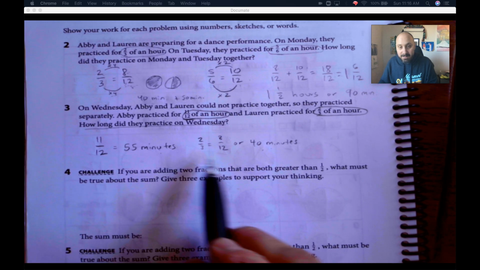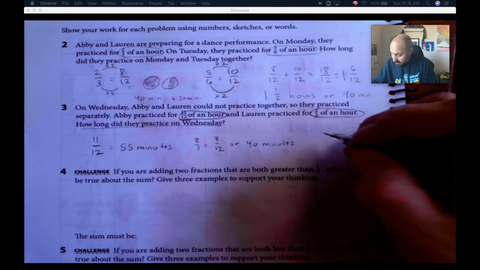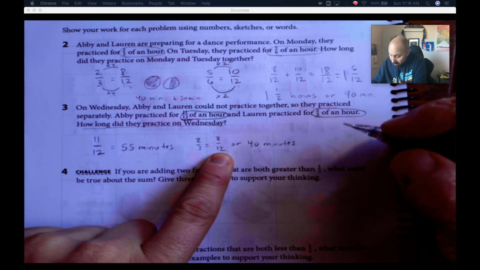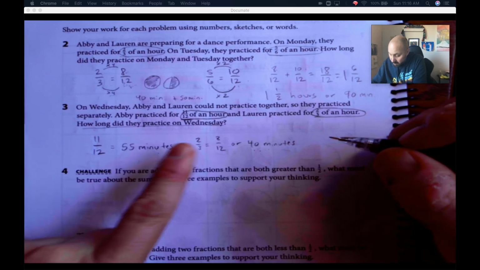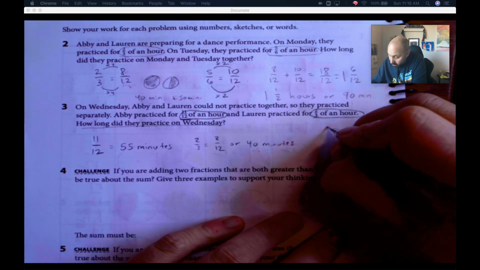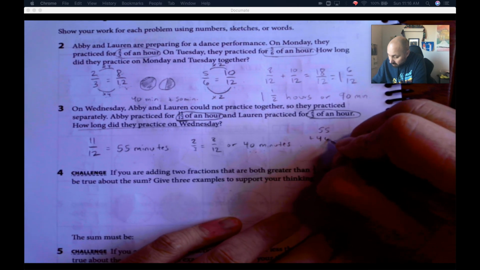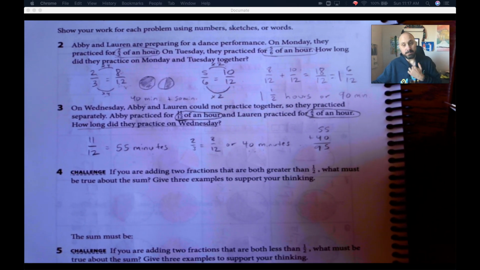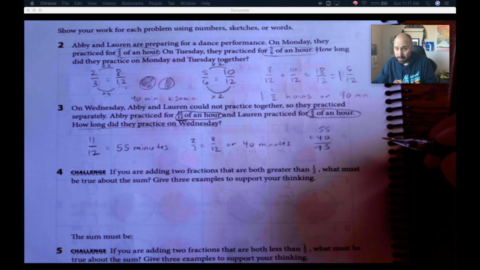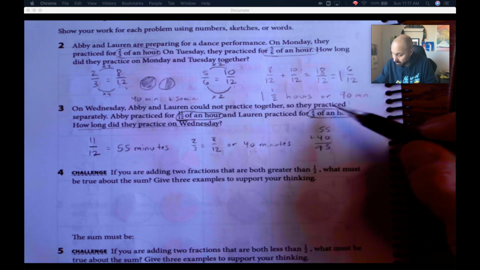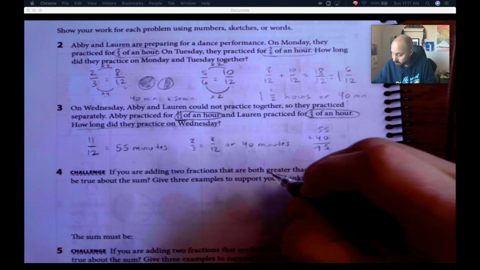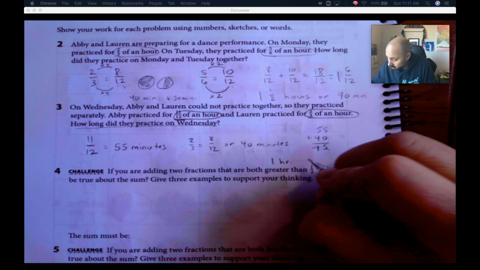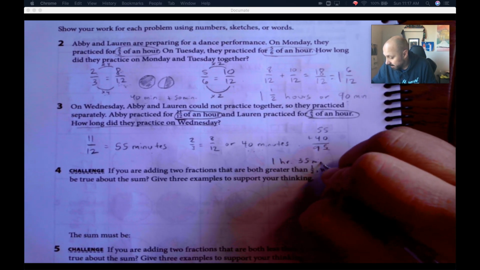So 55 minutes and 40 minutes. 55 plus 40. We could do it both ways: 11/12 plus 8/12, and then 55 plus 40. So let's see what minutes we get here. 95 minutes. Wow. So that's an hour and 35 minutes, because I knew that 90 minutes is an hour and a half. 95 is an extra 5 minutes.